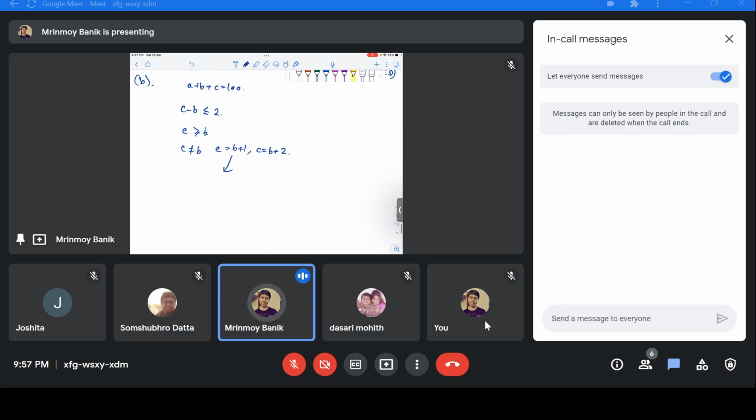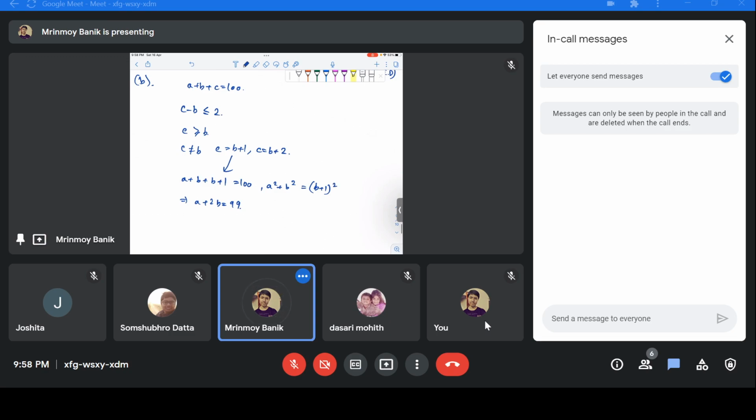Let's check the first case first. So we have A plus B plus, sorry, B plus B plus 1 equals 100. And we also need A squared plus B squared equals B plus 1 whole squared.